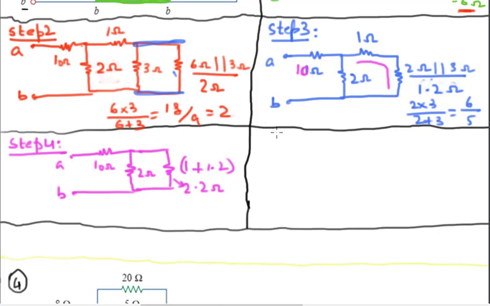So in the final stage, in the very final step, we can see that 2 ohm and 2.2 ohm both are in parallel. So step number 5, 2 ohm parallel 2.2 ohm. These two nodes are shared by 2 resistors, and they are in parallel.